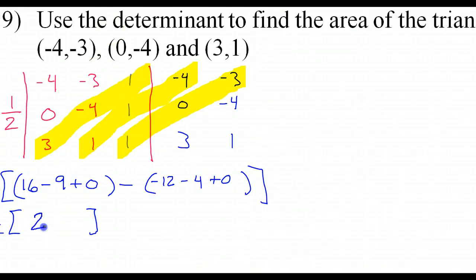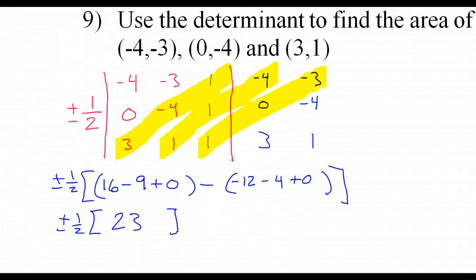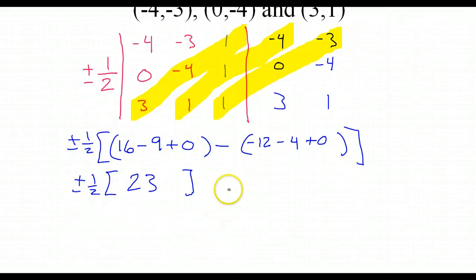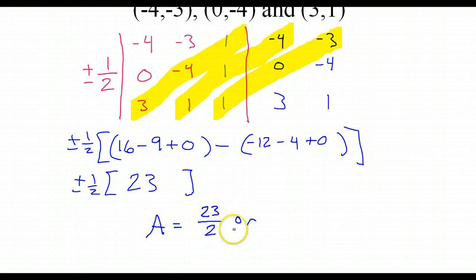So that's a big old 23 in there, because that's the part I did. Now we still have to do the 1/2. Since it's positive, I just make sure I keep it positive. So half of 23. For this area, you could either put 23 over 2, or you can give me a decimal, which I believe is 11.5.